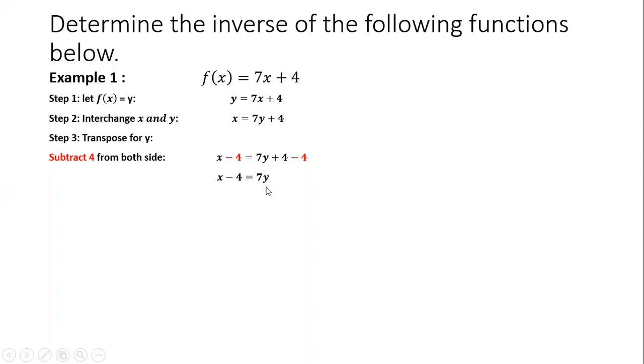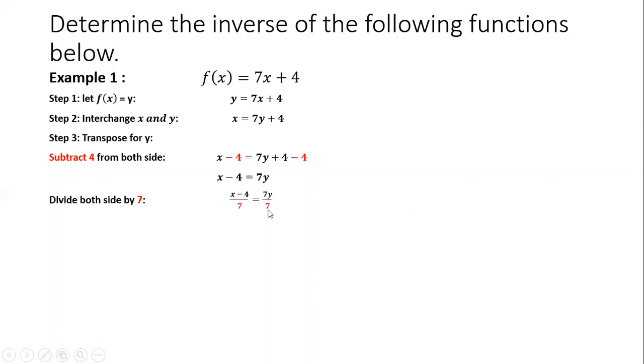So at this stage, you need to transfer this 7 to the other side of the function. So 7y means 7 times y. So we're going to transfer this 7 by dividing both sides by 7, and this is how you would write it. So you will end up with (x - 4)/7 = 7y/7.